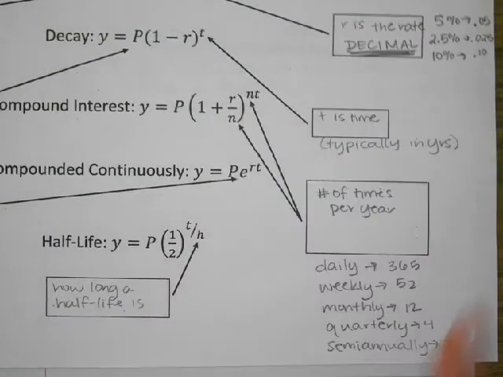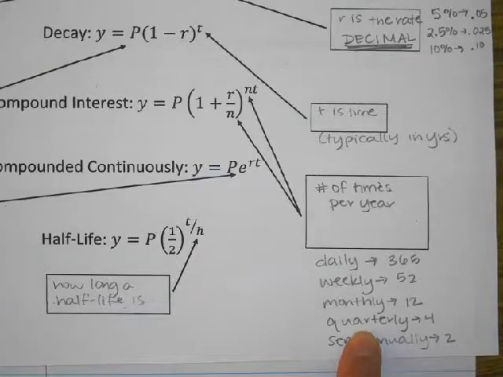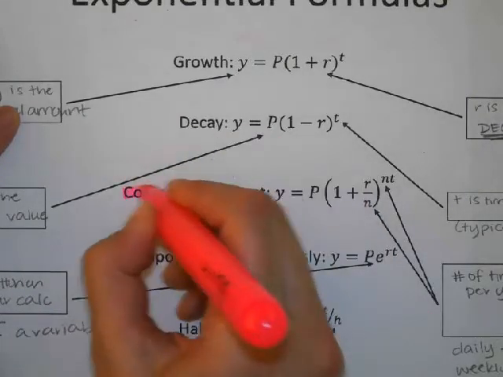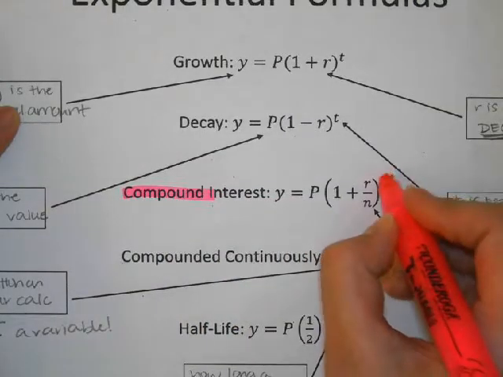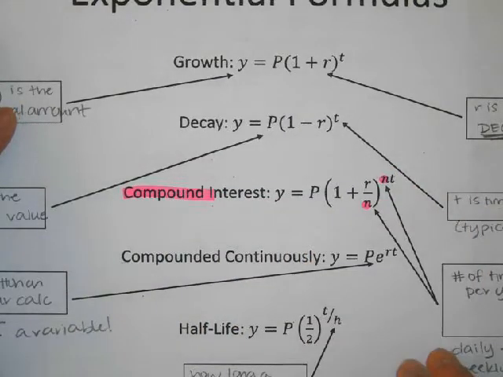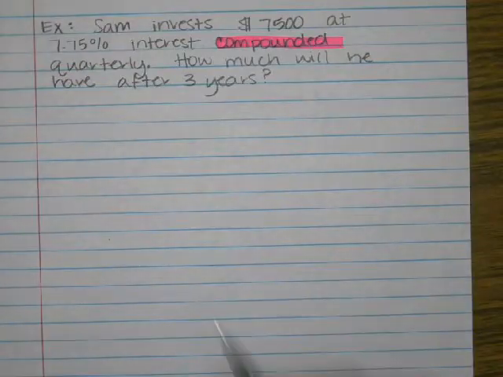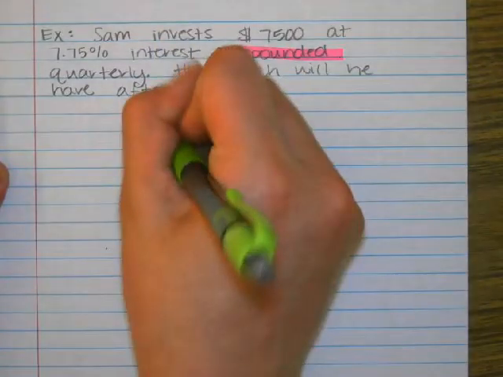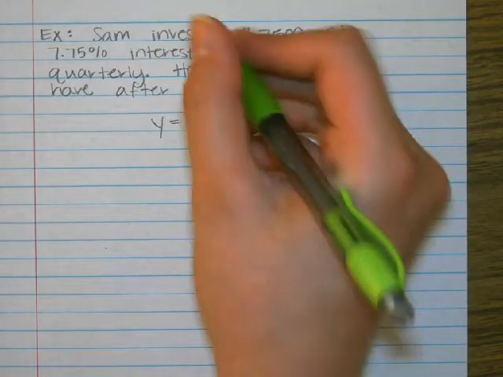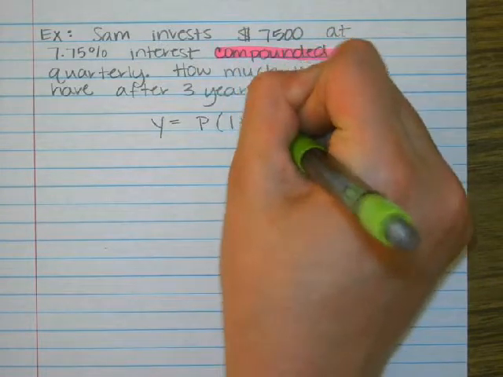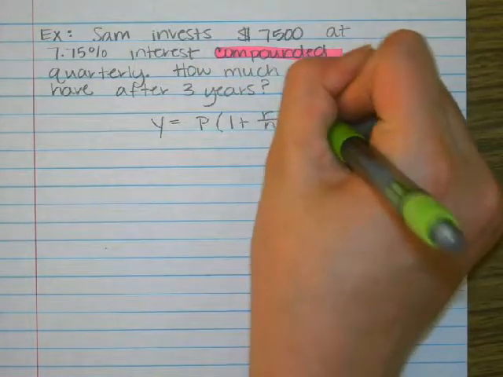They said compounded quarterly. So if they say the word compound and they give you some sort of n to plug in, that's a good indicator that's the equation you're using. First things first, we write down the equation: y equals P times (1 plus r over n) to the nt.